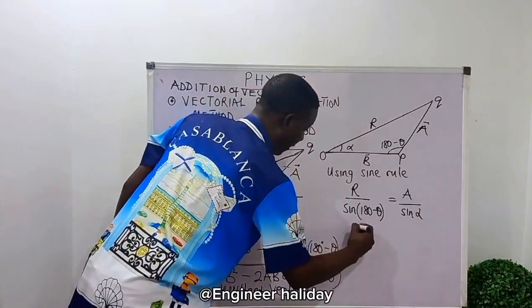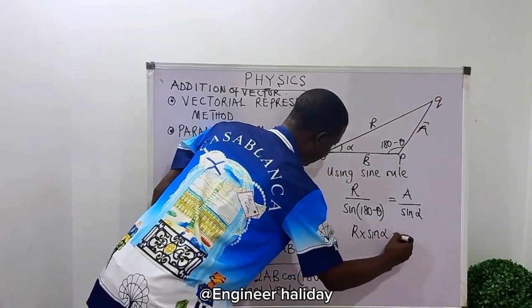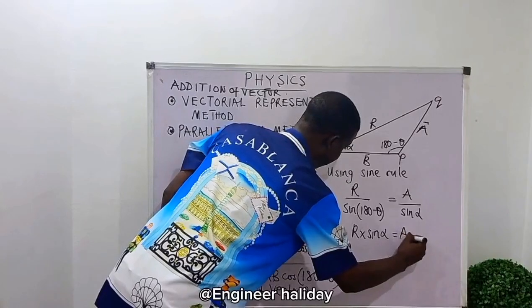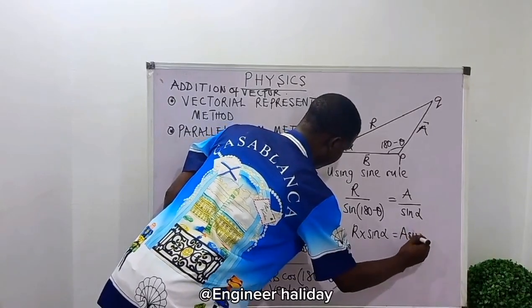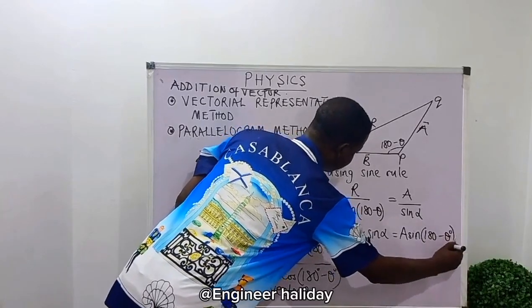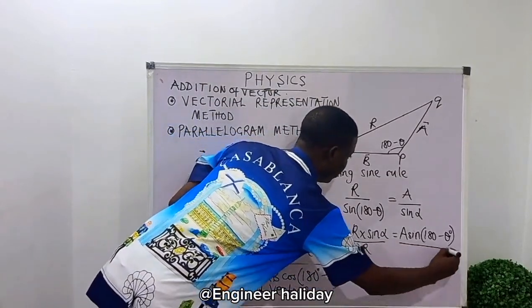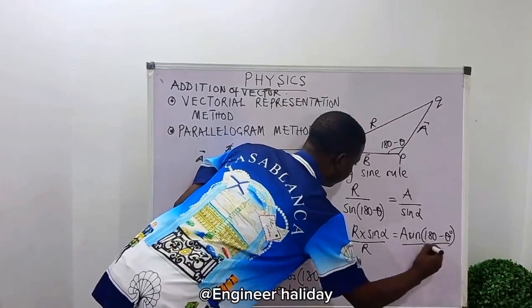If you cross multiply, you have R sine alpha equals A sine(180 degrees minus theta). Now divide both sides by R.